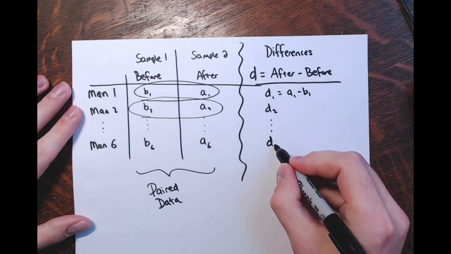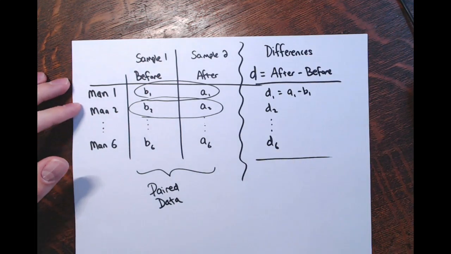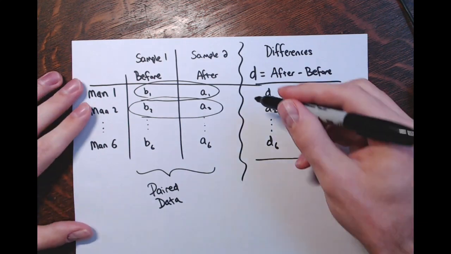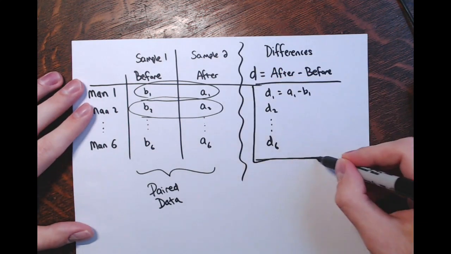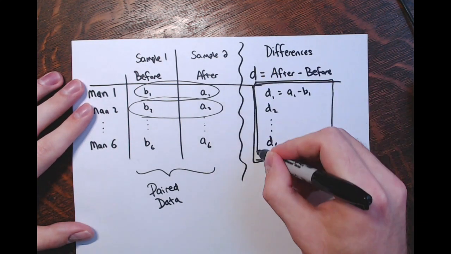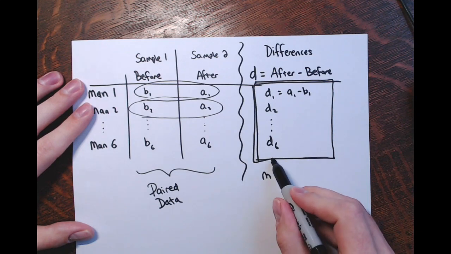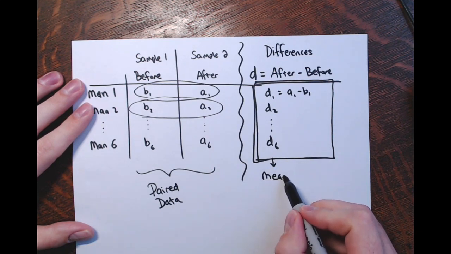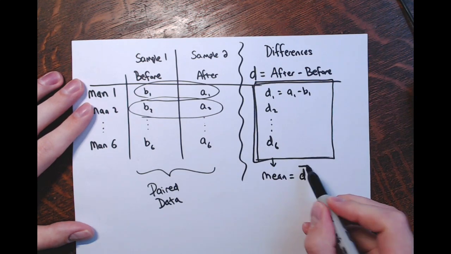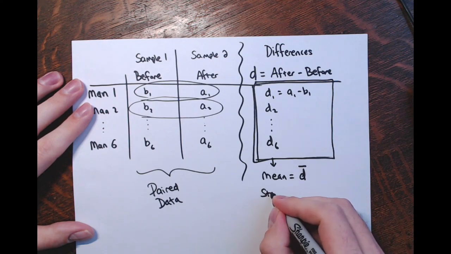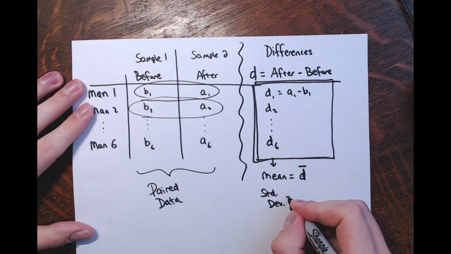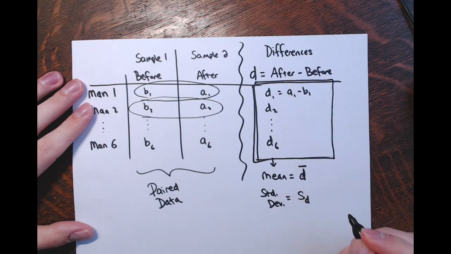I'd have 6 of these differences. And then we're going to focus on this sample of 6 differences. It has a sample mean, which would be called D bar. It has a sample standard deviation, which would be called S sub D.